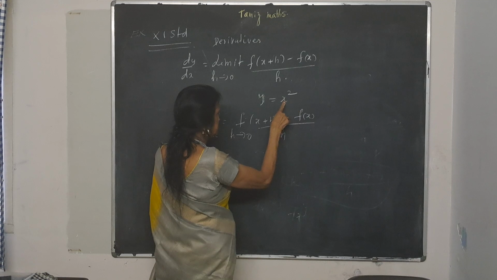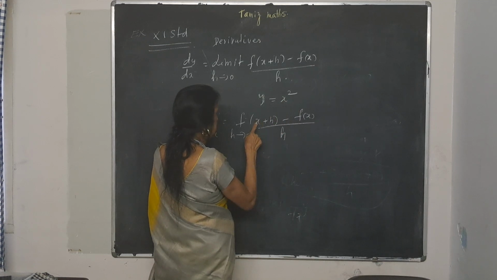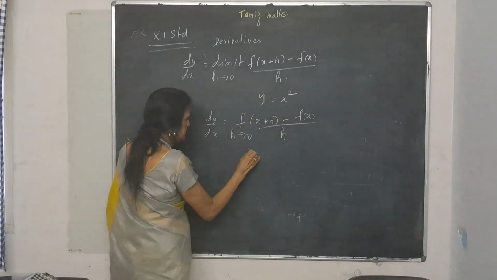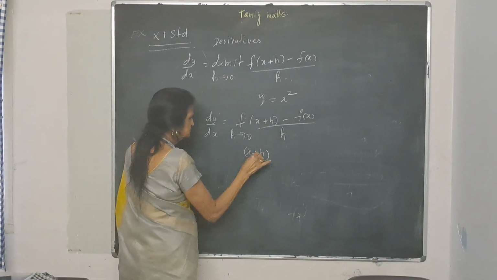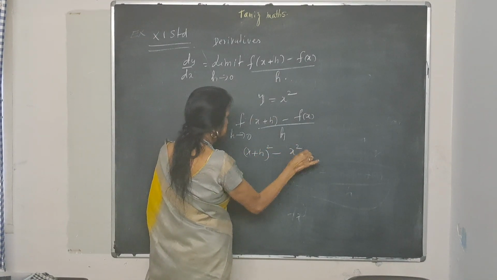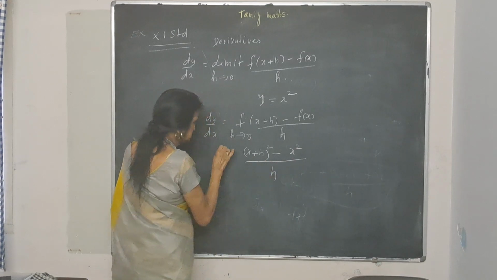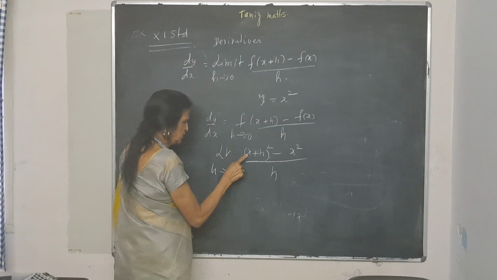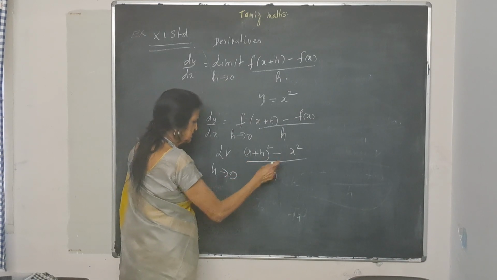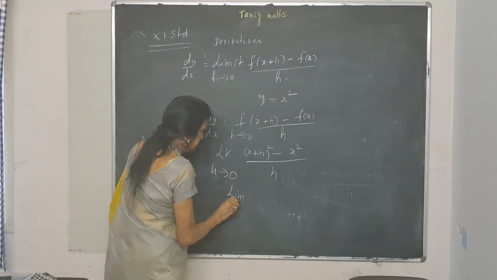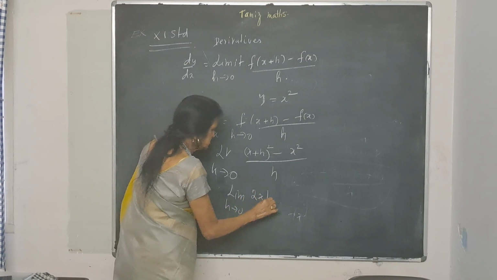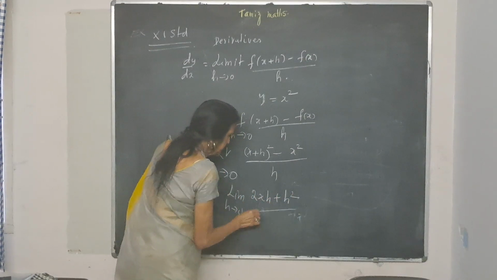What is f(x)? x square. So for x you will put h plus x. So this will be the expanded (h plus x) square minus x square, and x square will get cancelled with this x square. So this is the limit h tending to 0 of (2hx plus h square) by h.